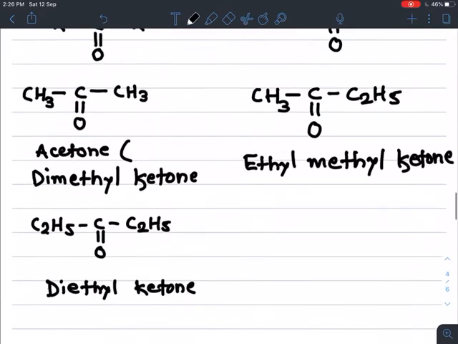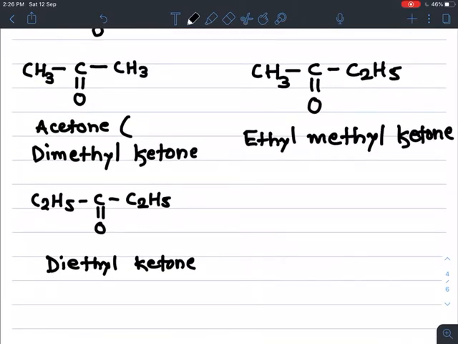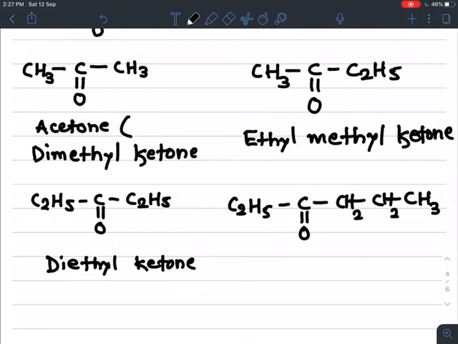If we take one more example, C2H5 is attached on one side of the CO group and on the other side a 3-carbon alkyl group. If we complete the valency of these 3 carbons, we get its structural formula.